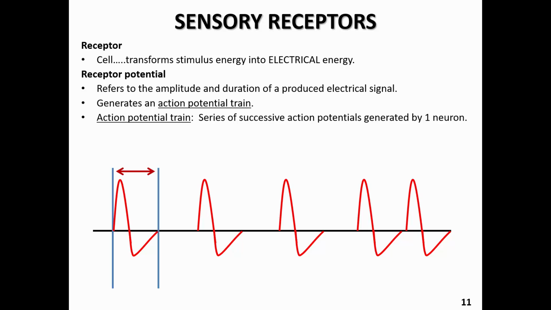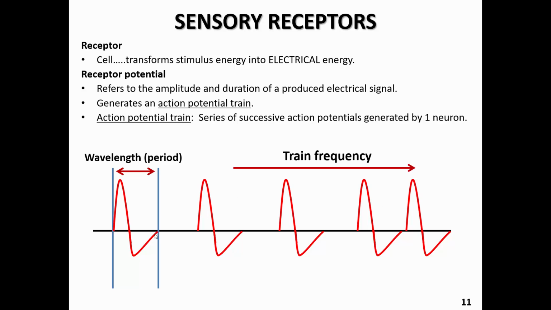If we take a look at a single action potential, roughly depicted with this tracing here, a single action potential can be quantified by its period or wavelength. But what we're seeing here are 5 successive action potentials, and that generates what's called a train frequency. As we can see, we have 5, and these latter 2 are spaced closer together.